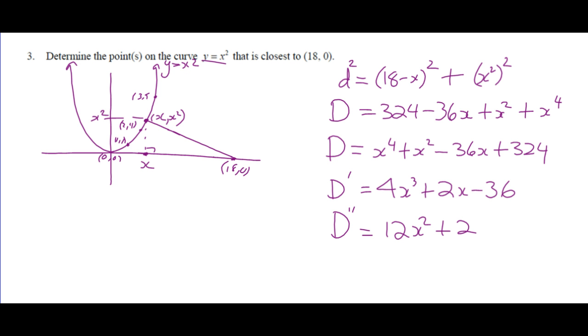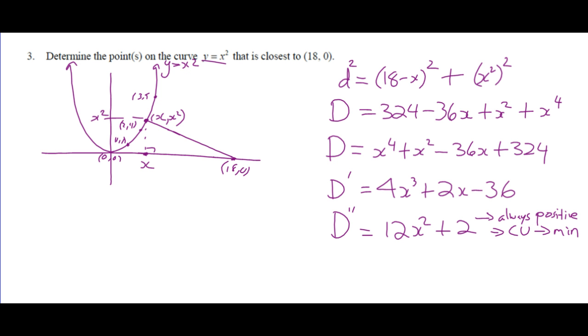Okay, what can you say about the second derivative? It's always positive, right? I mean, it's vertically stretched by a factor of 12 quadratic moved up 2 units. It's always positive, which means that it's concave up, which means we have a minimum.